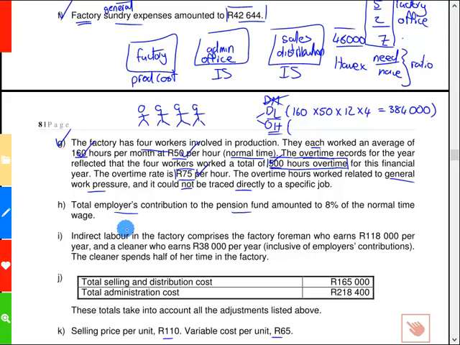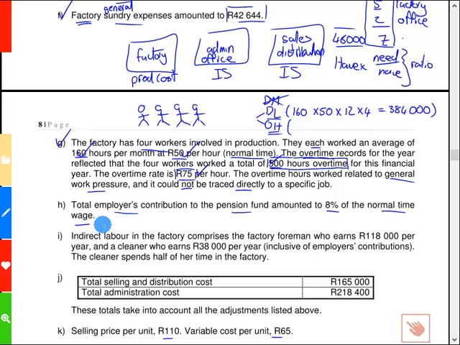H. Total employer's contribution to the pension fund amounted to 8% of the normal time wage. Now we can ask ourselves, the pension fund contribution is money that the company puts away for what? To save up for the factory workers' pension.